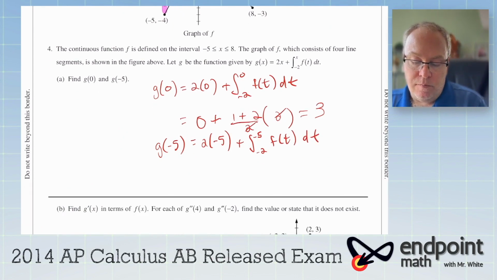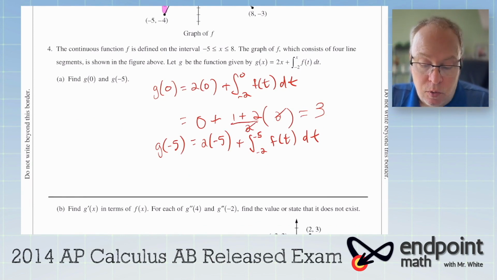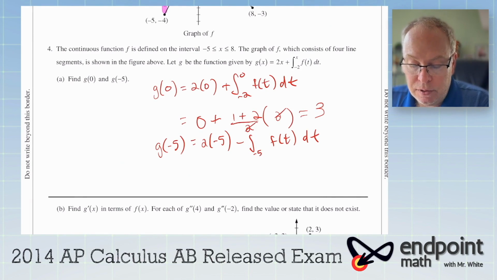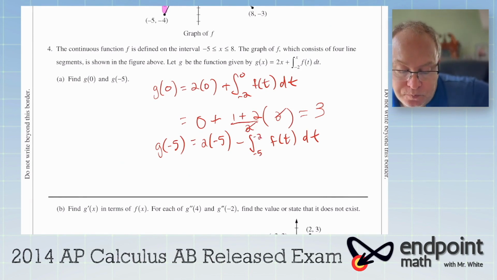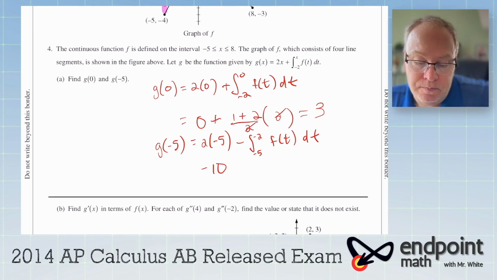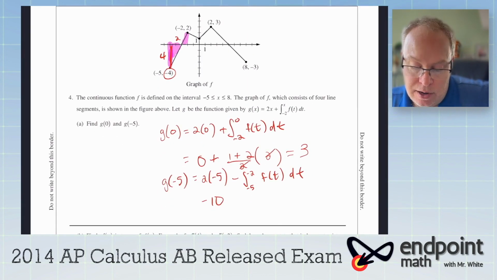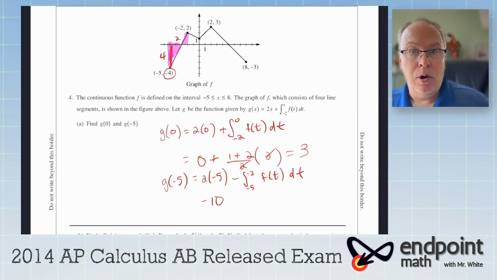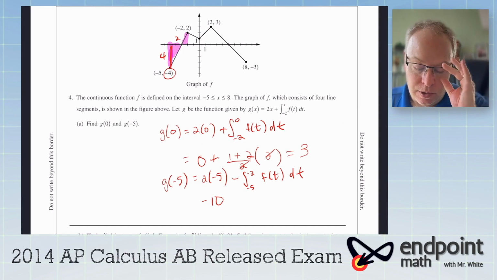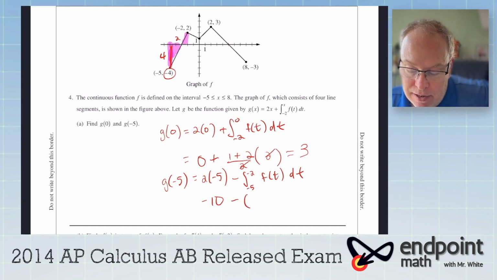Now, if you want to reverse those bounds, you have to change it to a minus sign. So it wouldn't be a bad idea to actually do that because usually we like to see the smaller number on that lower bound. So we have negative 10. All right, we have to find the area of this. How tall is that? That is 4 by 2. So that's got an area of 4. But remember, it's under the x-axis, so it would actually be negative 4.